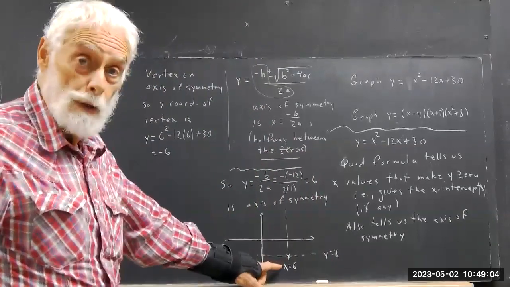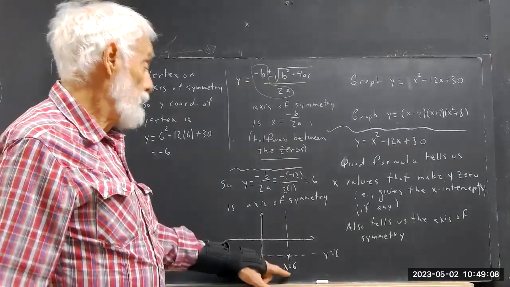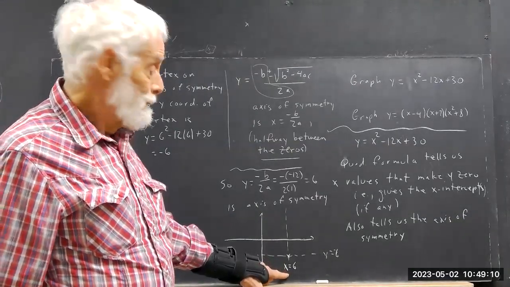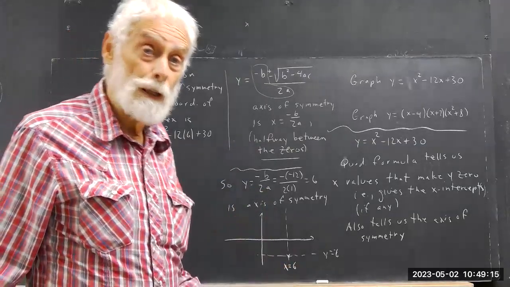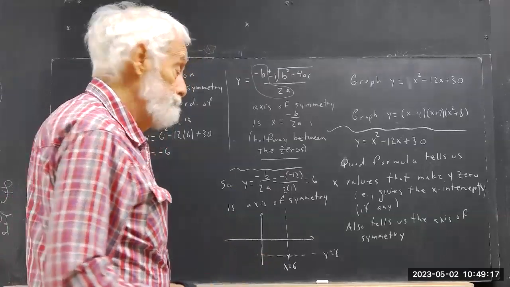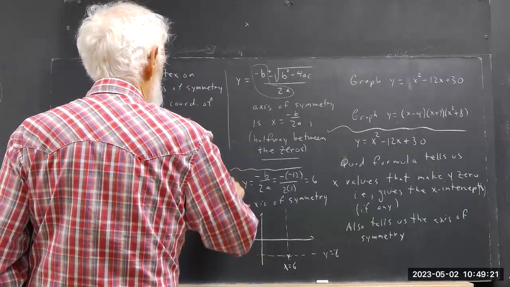There's a point on our graph. I mean, even if I got the axis of symmetry wrong, if I plug in correctly, I'm going to get a point on the graph. Okay, well, what's the next thing we do?